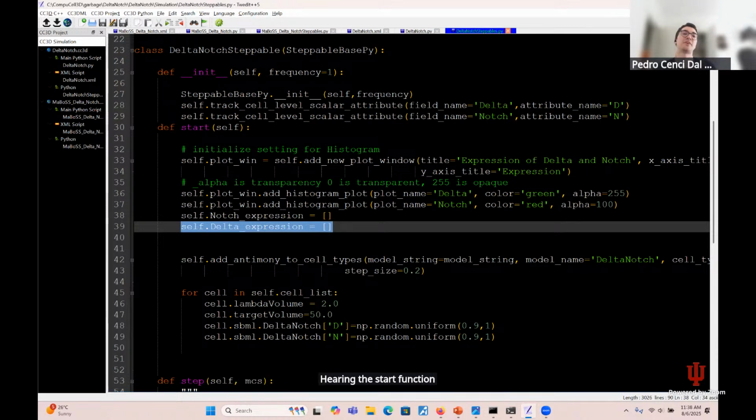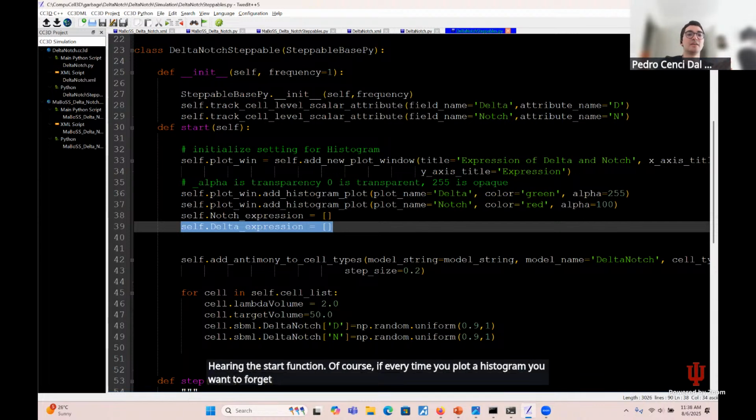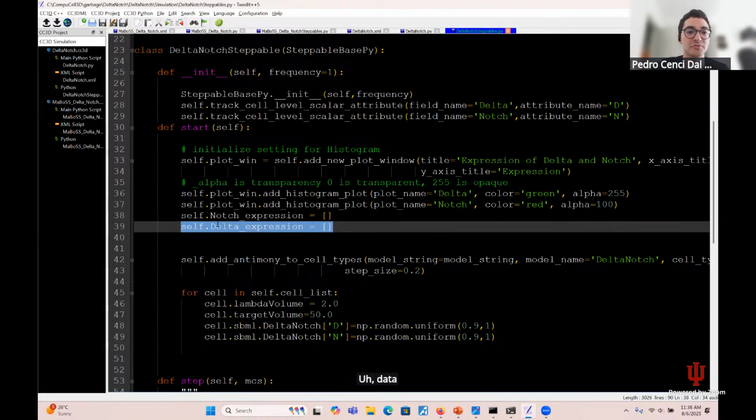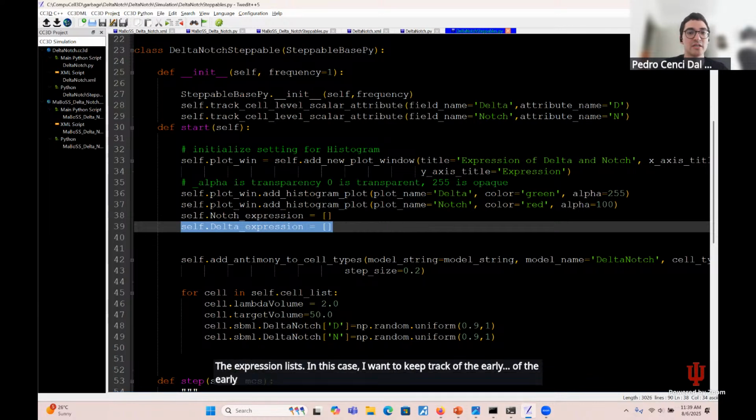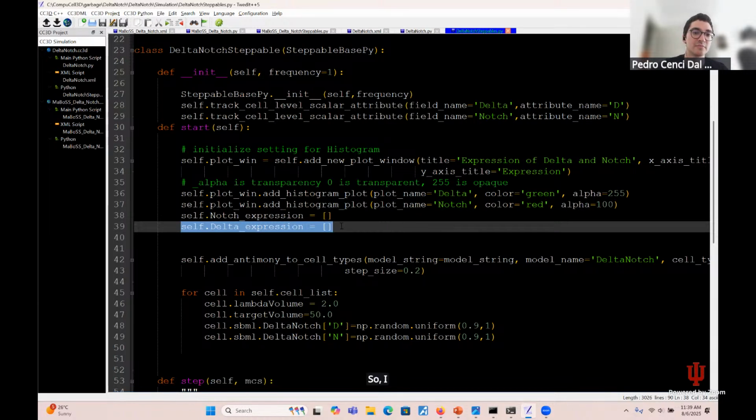Of course, if every time you plot a histogram you want to forget the previous data, then you have to set them to empty every time you recalculate the expression lists. In this case, I want to keep track of the early expression levels, so I am defining them in the beginning.